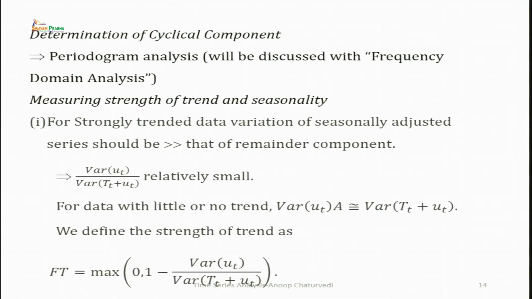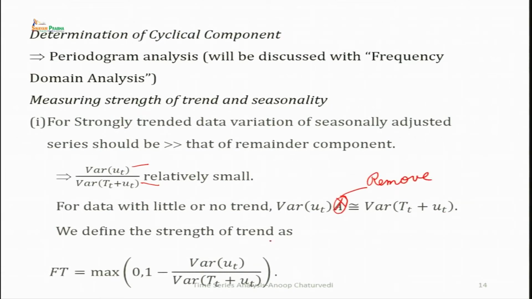Means the variance of UT divided by variance of TT plus UT should be relatively small. For data with little or no trend, variance of UT will be approximately equal to variance of TT plus UT.